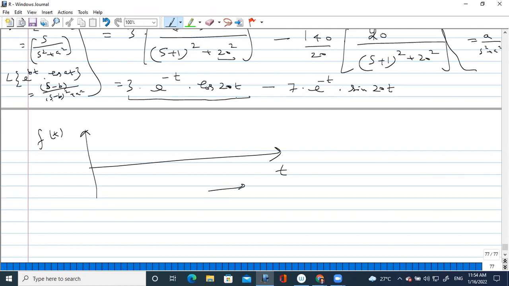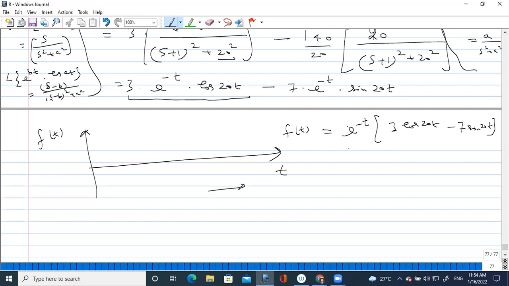So now how is this changing? Here f(t) is e to the power minus t, you can take common because it is the same here. So this is 3 cos 20t minus 7 sin 20t.